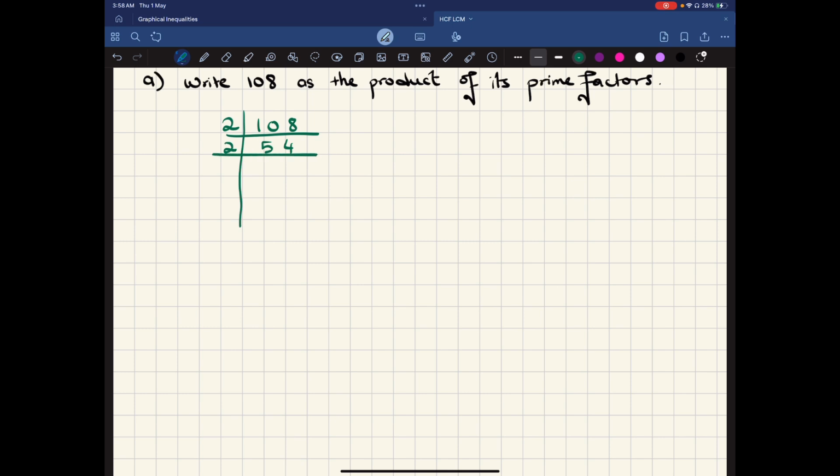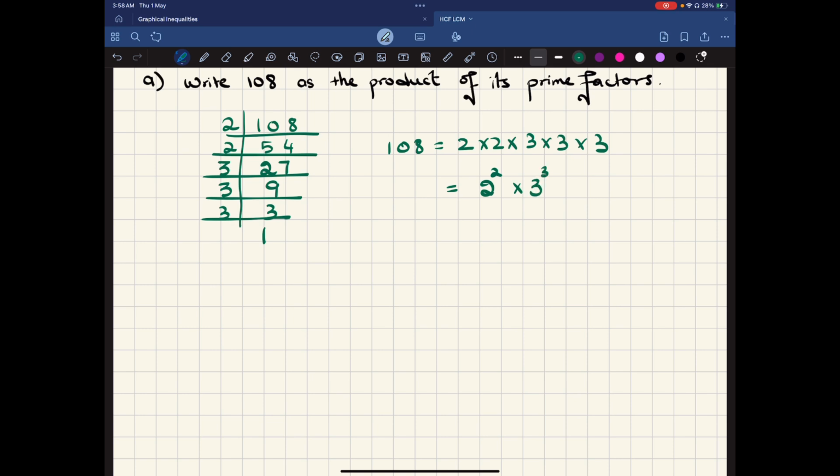Whenever you have an even number, I would recommend that you always start with 2. 27, not an even number, so we're going to divide it by 3, 3 and 1. Okay, so 108 is equal to 2 into 2 into 3 into 3 into 3. So you can also write it as 2 square into 3 cube.